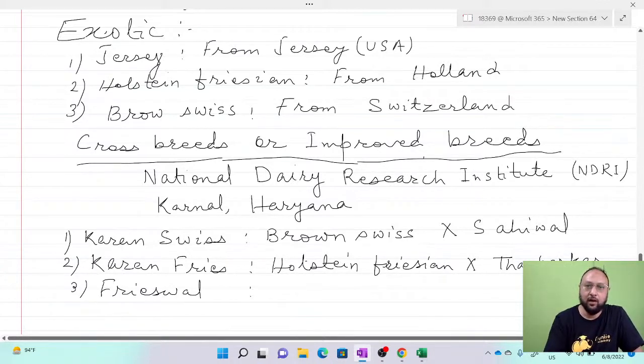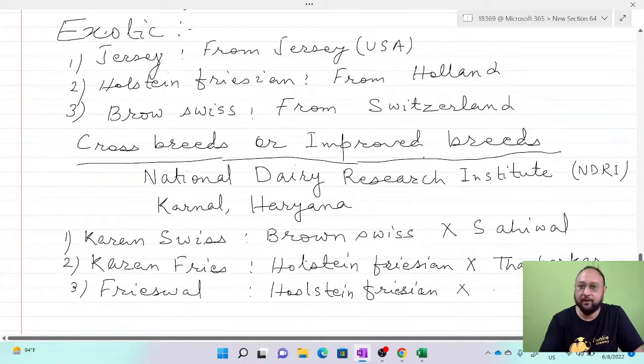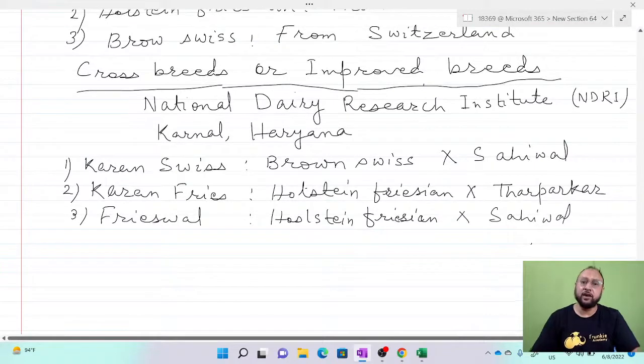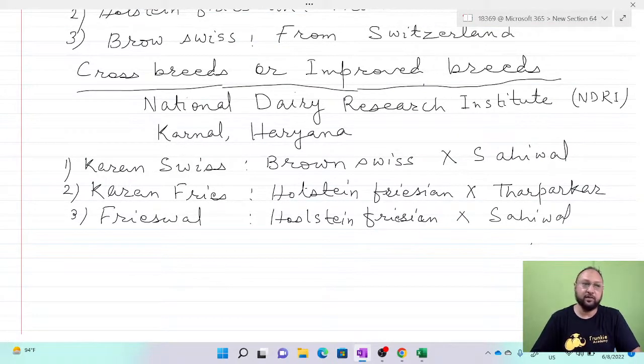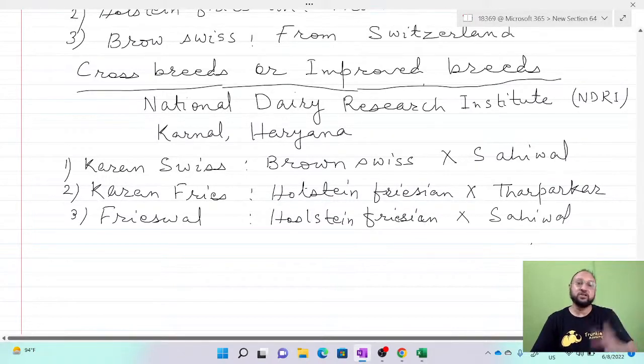Then Holstein Friesian with the Sahiwal. So these are the different improved and crossbreeds which are producing a good quantity of milk.